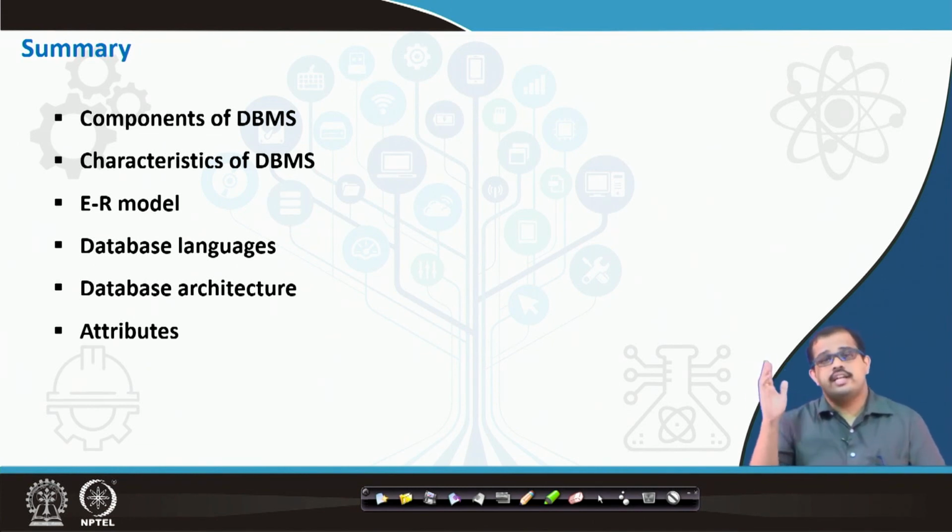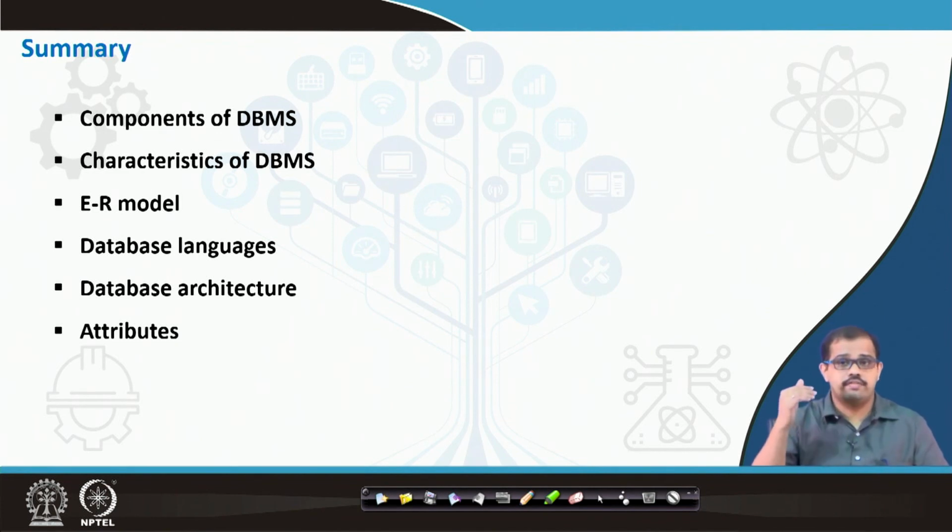And when we look at the database languages, we said that broadly it can be classified into two. One is the data definition language, other one is the data manipulation language. We also looked at the database architecture. What is the architecture of a database? We also looked at GIS and a database, how a GIS and a database management system works.